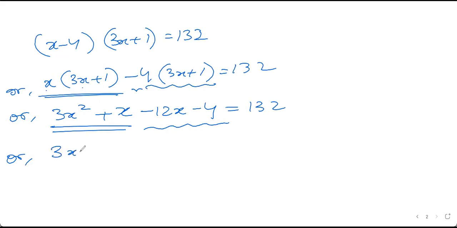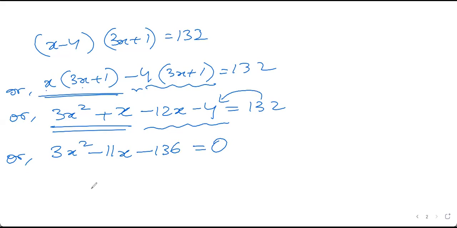So 3x square plus x minus 12x becomes minus 11x. If we take this plus 32 to left hand side to make this equation in general form, then it will become minus 132. So minus 4 minus 132 is minus 136 equals to 0.